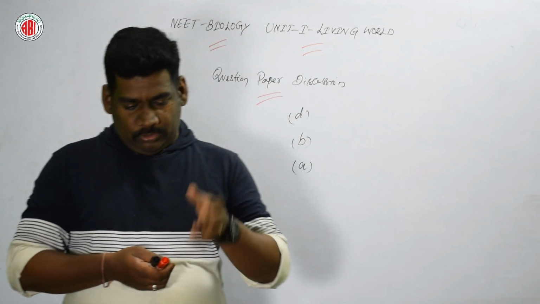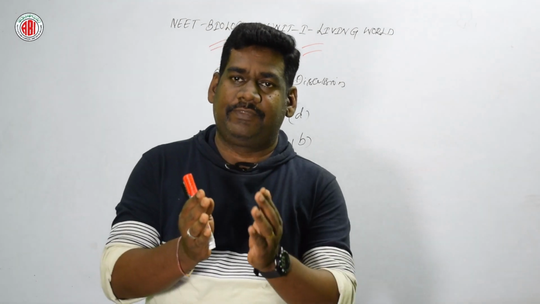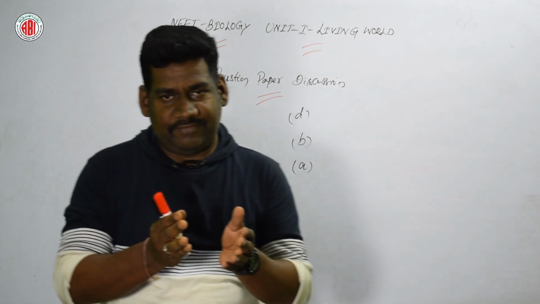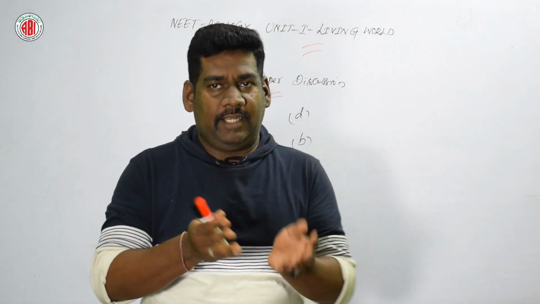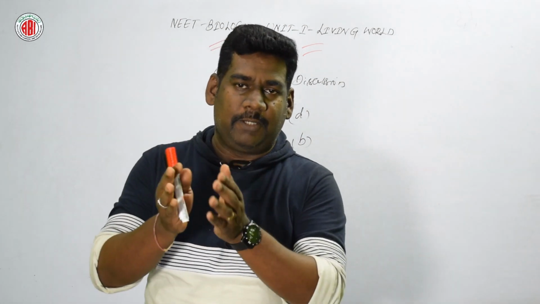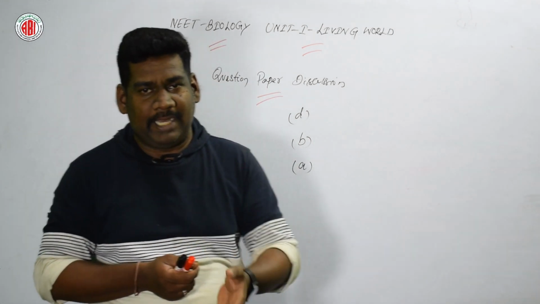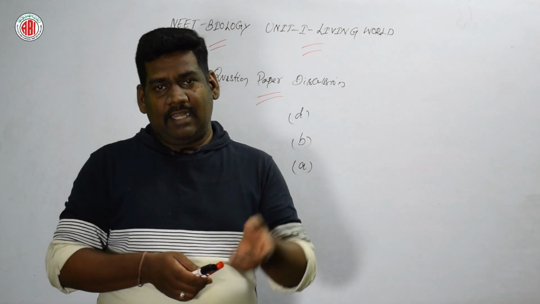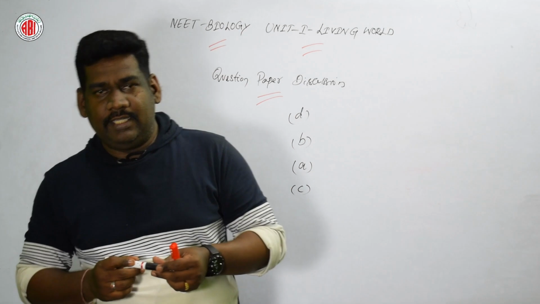The father of taxonomy is obviously Carolus Linnaeus, who is designated as the father of taxonomy and also proposed binomial nomenclature based on the 2 different components of a biological name to be given for a species. It may be a plant or animal species. So the father of taxonomy is Carolus Linnaeus. Option C is the right answer for this question. Now let us go for the next question.